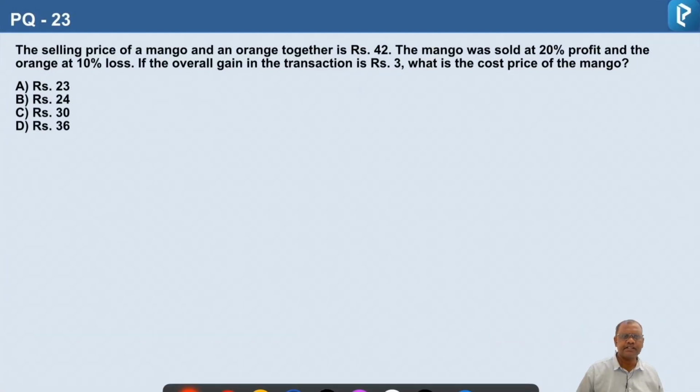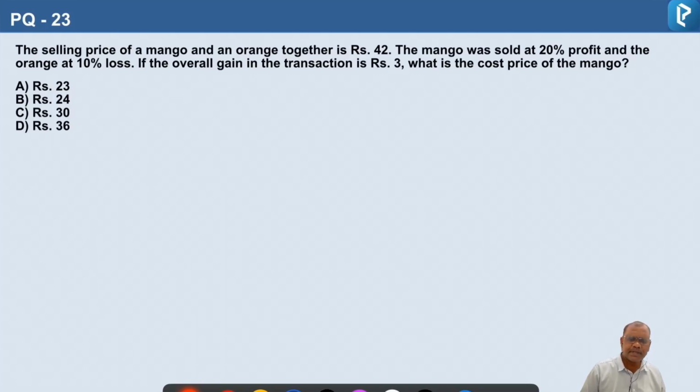Question number 23. The selling price of a mango and an orange together is 42 rupees. The mango was sold at 20% profit and the orange at 10% loss. If the overall gain in the transaction is 3 rupees, what is the cost price of the mango?